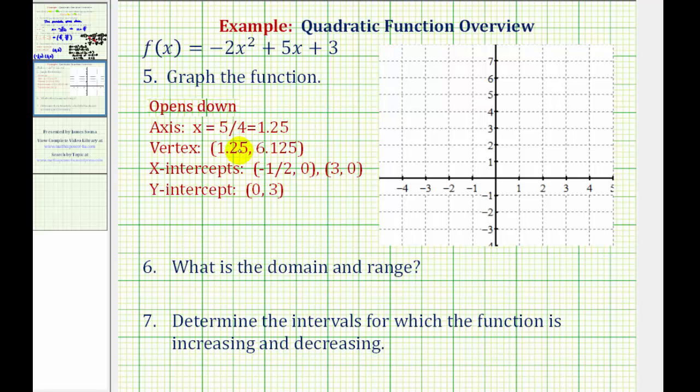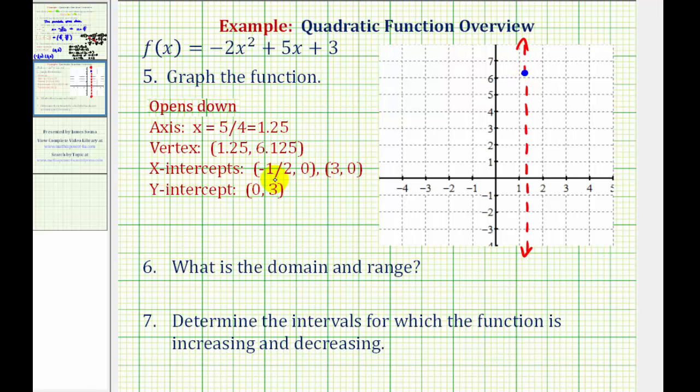Let's start by sketching the equation of the axis of symmetry, which is x equals 1.25, somewhere in here. Next, let's plot the vertex, which is on this axis. It has the coordinates 1.25, 6.125, so somewhere in here.